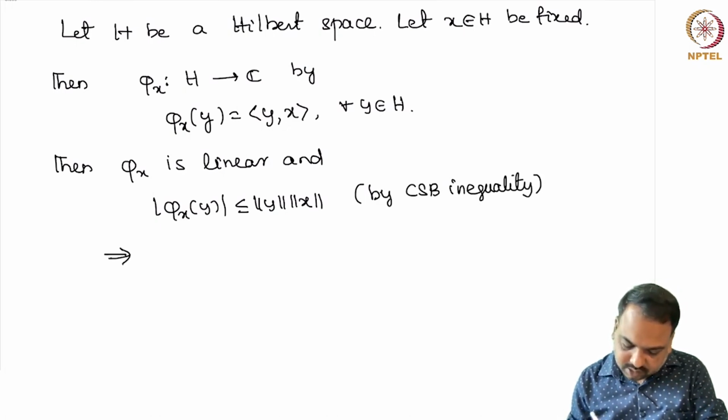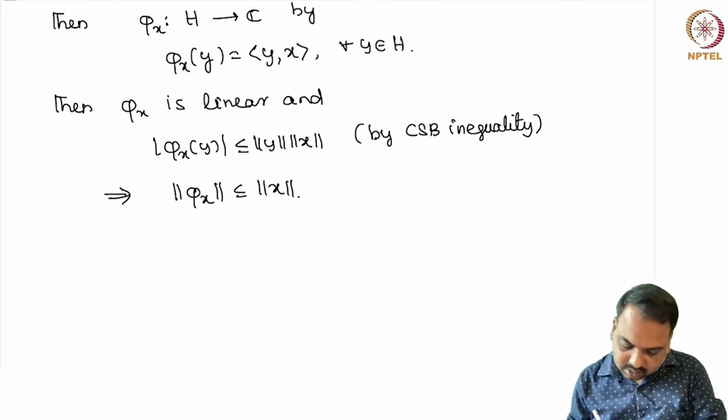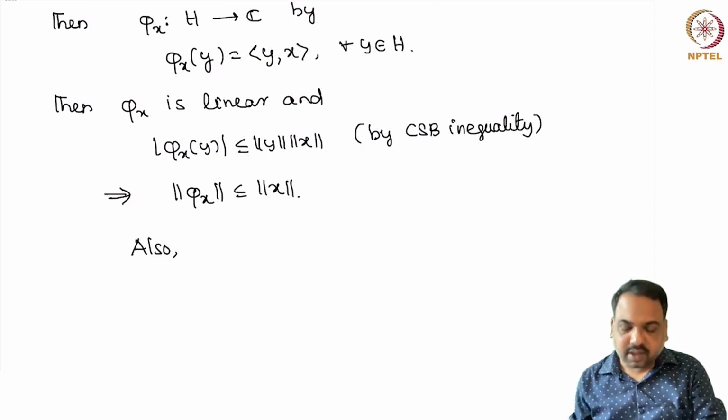So from this we can conclude that the norm of phi_x is less than or equal to the norm of x. That means phi_x is bounded linear, and we can also show equality by choosing an appropriate vector y.